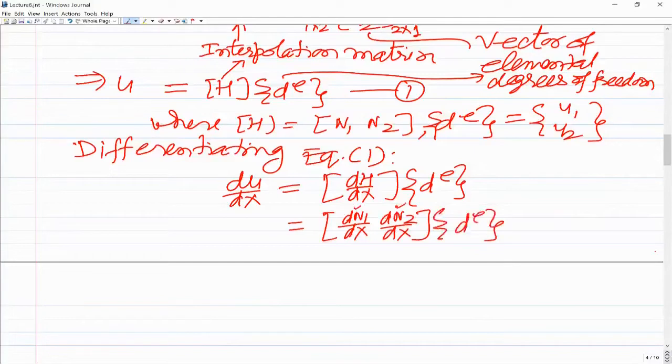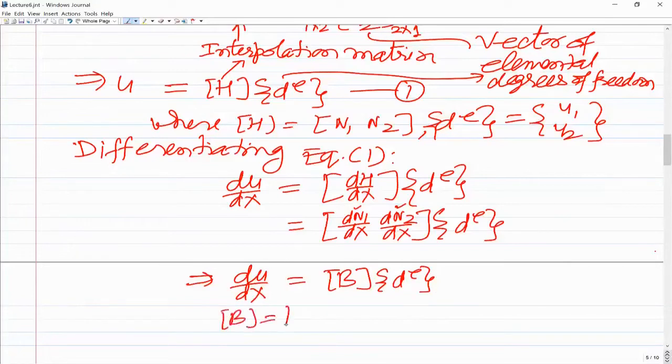In finite element terminology, this derivative matrix, the derivative of shape functions or the derivative of the interpolation matrix, is known as the strain displacement matrix. So we write this as B into d e. B is nothing but this matrix dn1 by dx and dn2 by dx, which is dh by dx actually. It is referred to as the strain displacement matrix or gradient matrix.